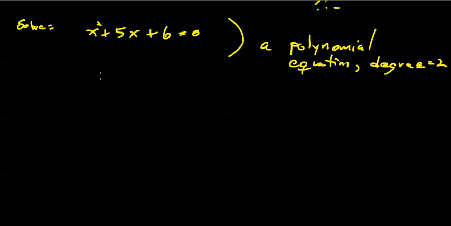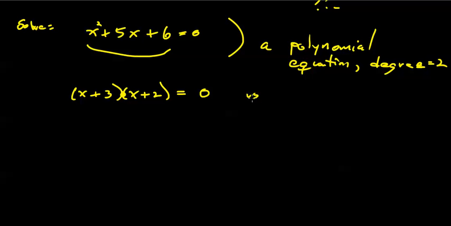All right, what I can do is, once I've got this equation in what we call standard form, in other words, terms are arranged in decreasing degree, I'm going to see if I can factor this, and if you'll notice, this left-hand side of the equation does indeed factor into x plus 3 times x plus 2. And of course, then that product equals 0. It's important to note that this factored form is now a product of two binomials equaling 0.